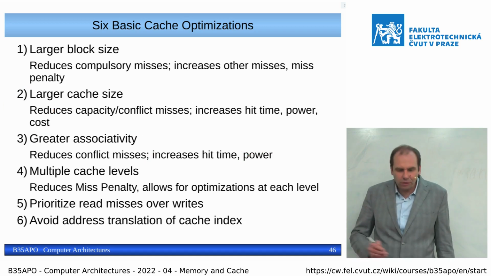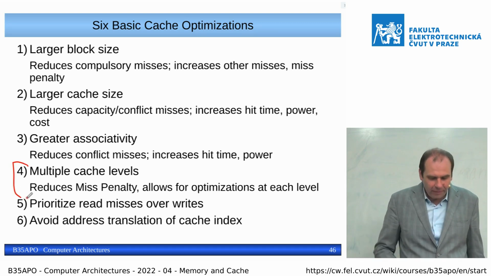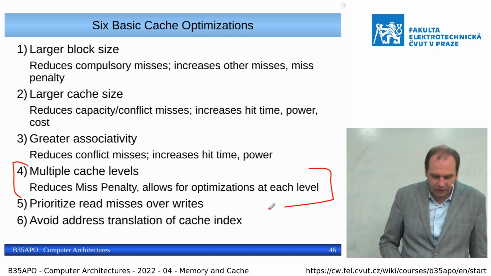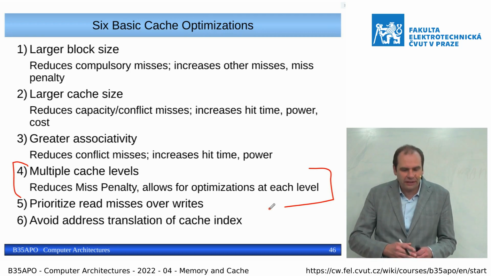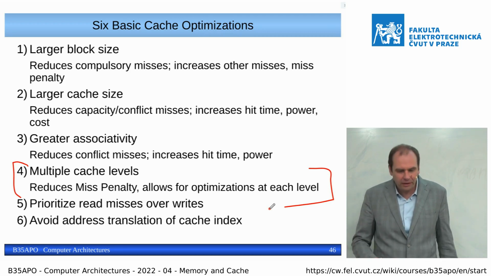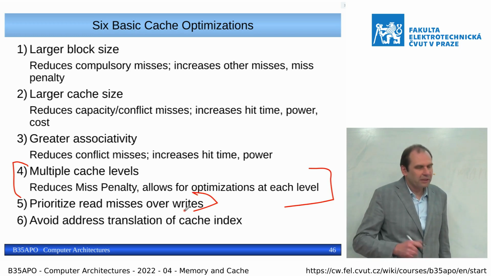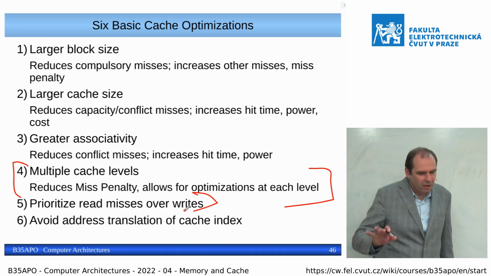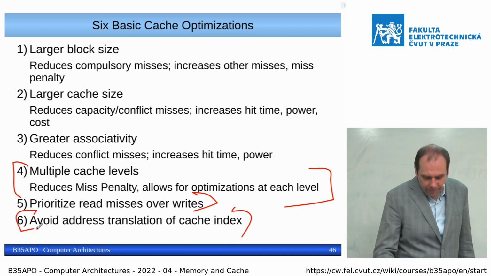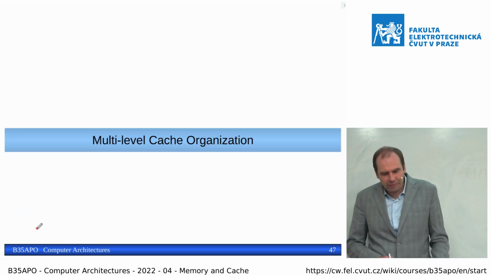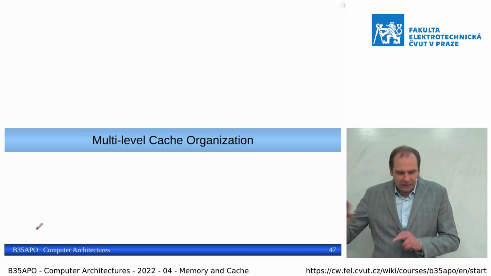So the resolution is not to make the L1 cache too big, but to have another level and reduce the misses in the L1 cache by the slower but bigger L2 cache. Another thing is that we want to prioritize read misses before writes, so writes can be postponed in write-back buffers. And another problem when we have virtual memory is the translation of virtual memory to physical memory. It is a later topic.